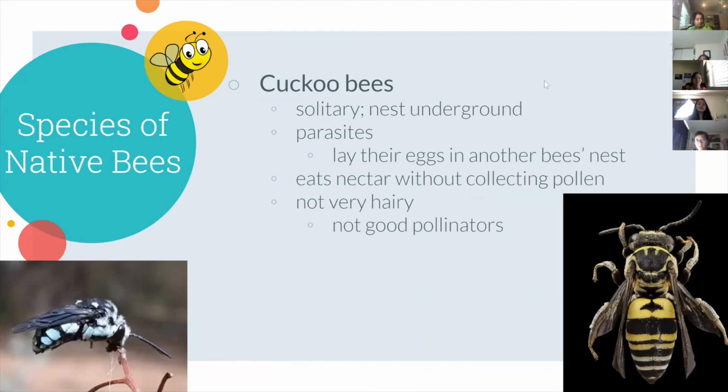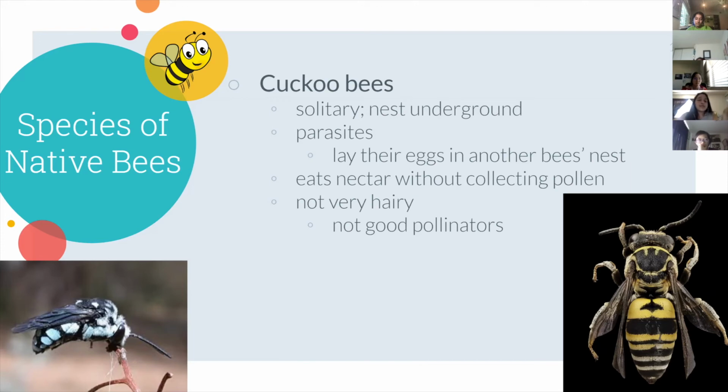So the next species of bees I want to talk about are cuckoo bees. These bees are also solitary, just like the carpenter bees, and they like to burrow in the ground.